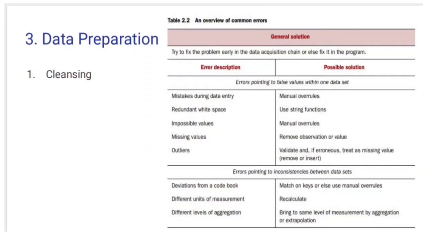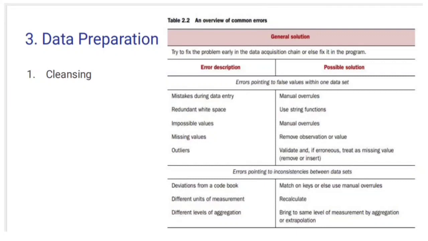For example, putting female in one table and presenting the same thing differently in another table, where it is a person who is female. Another example is the usage of pounds in one table and dollars in another table. So these are the errors we need to fix and clear.